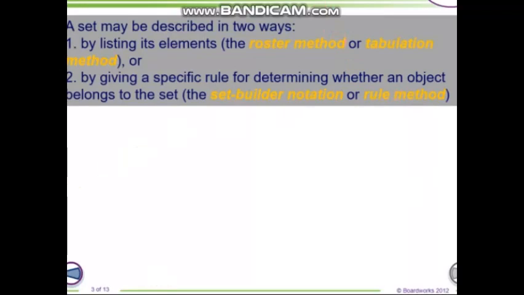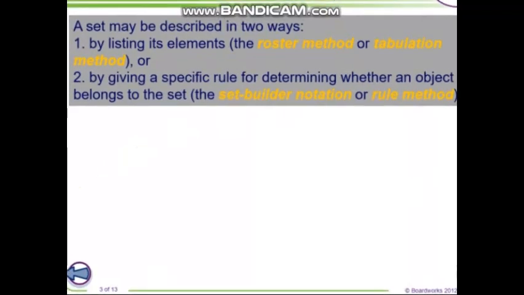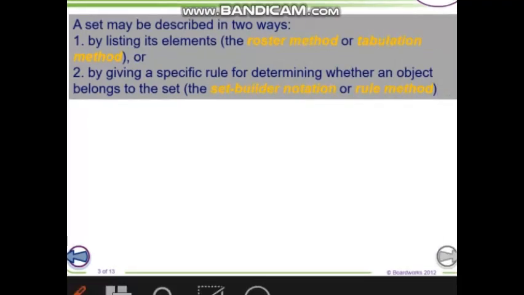This roster method is used by listing the elements, and the second one is the set builder notation or the rule method, which is by giving a specific rule for determining whether an object belongs to the set.